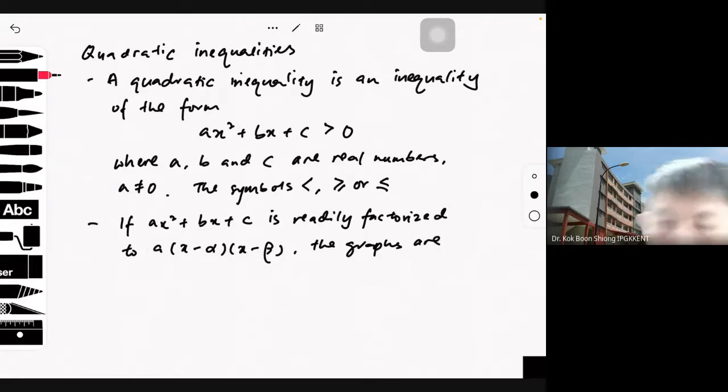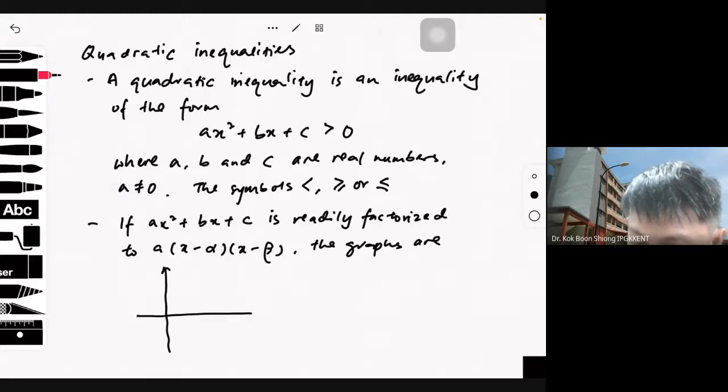There are two possibilities for the graph. If a is larger than 0, which means a is positive, the graph will look like this.